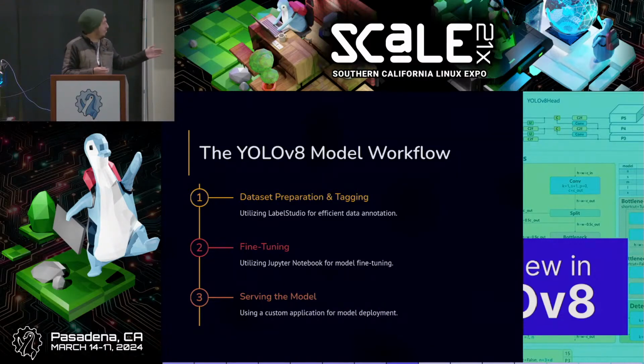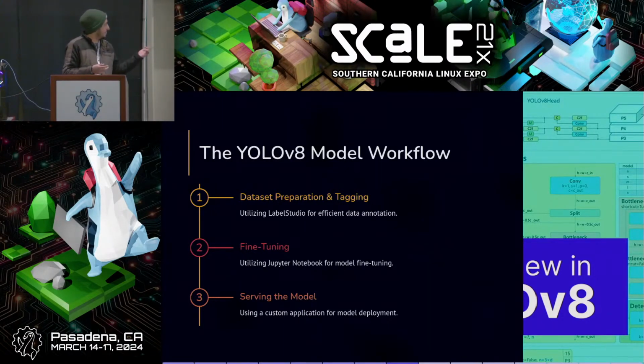The YOLO workflow is pretty simple. It's essentially three steps. First, pre-processing your data set. In this case, the data set is a set of images of tacos, and we will use Label Studio to tag those images in order to indicate to the model which object it needs to identify.